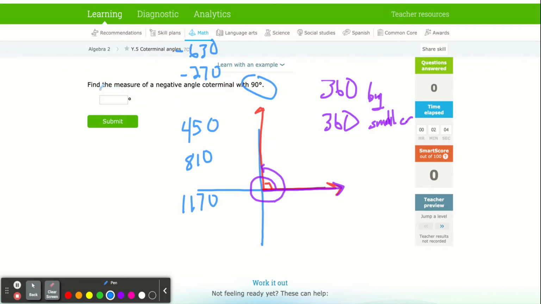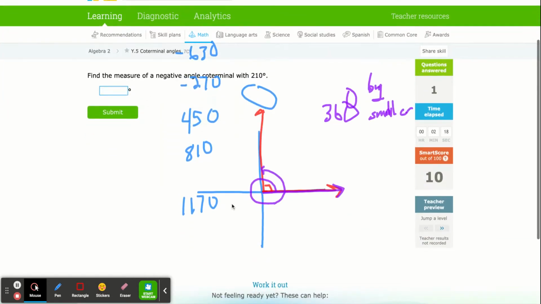Now be careful, it says find the measure of a negative angle coterminal with 90. So I don't want to put in one of the positives, I'm going to put in one of these negatives. And usually I do the first one I come across, so I do negative 270. But if you wanted to go further, I'm pretty sure IXL accepts them that are further.